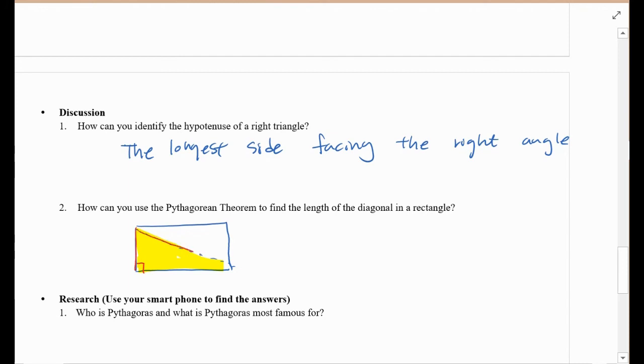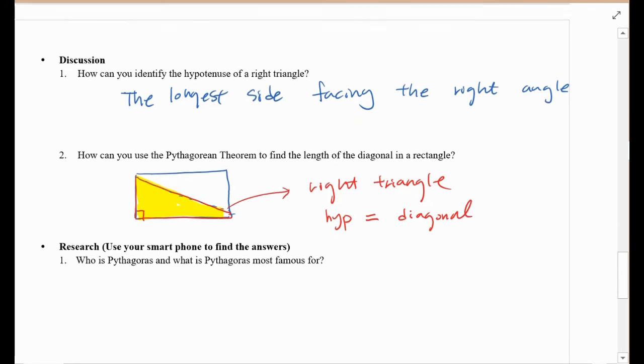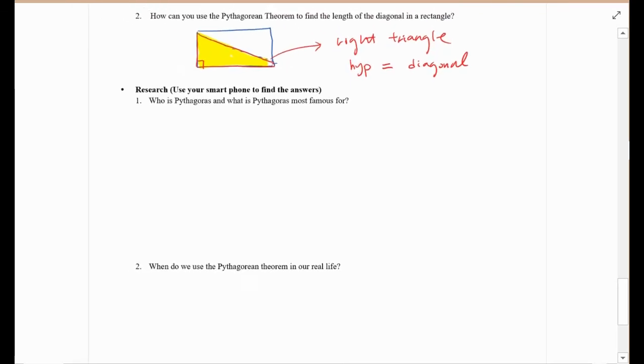We can use this right triangle to find the hypotenuse, which is the diagonal of the rectangle. So the hypotenuse is the diagonal of the rectangle. Make sense, everyone? Okay, let's move on.